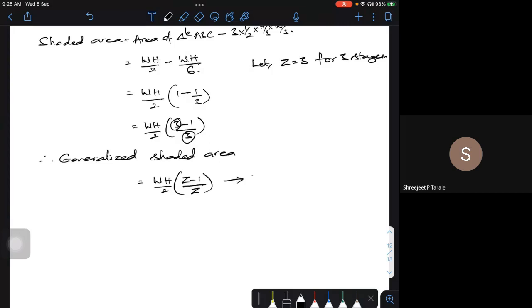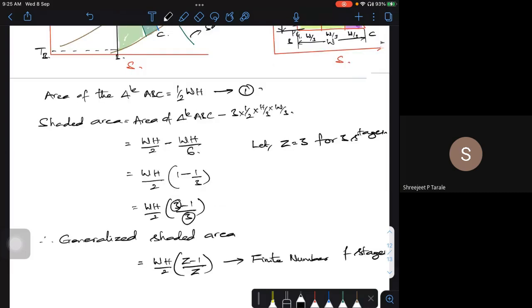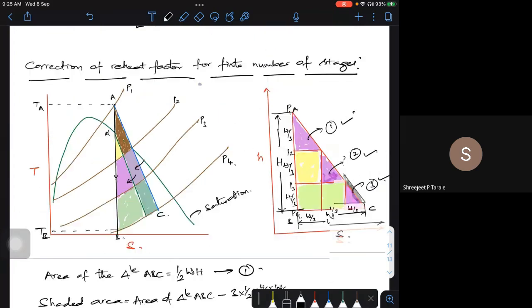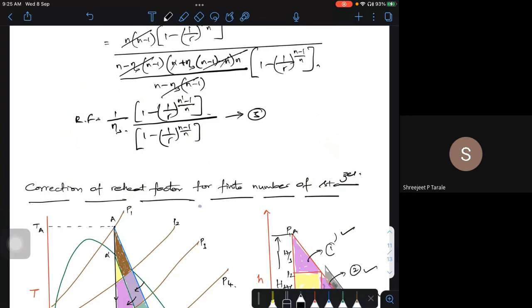This is for a finite number of stages. We have this formula. Now, what will happen if I have an infinite number of stages? What is the formula for the reheat factor?